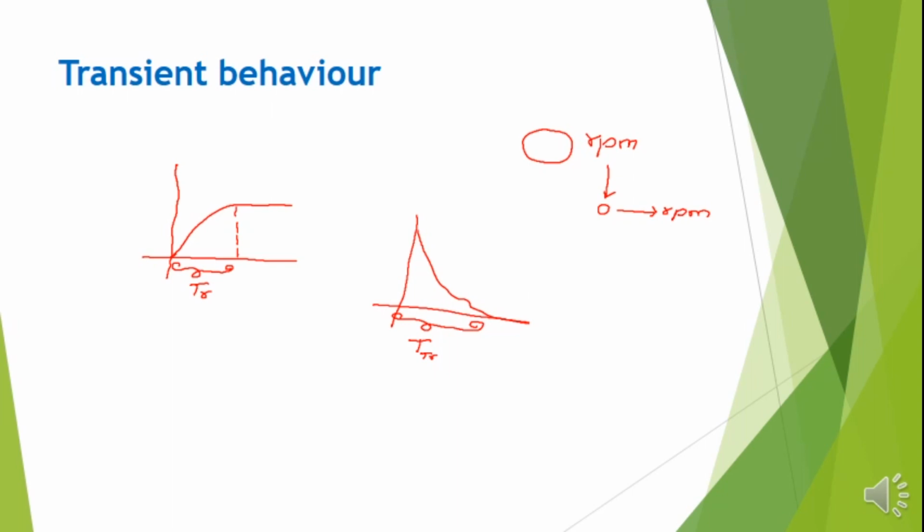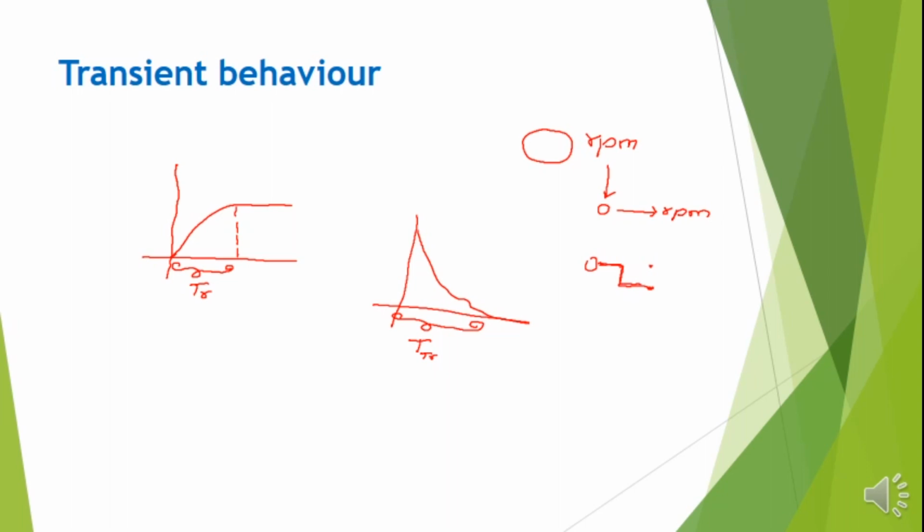Now, suppose you have already switched on the fan from 0 and it is running. Before attaining a steady state final value, if you switch it off, what will happen? Suddenly it will decrease the speed and it comes to 0. So initially increasing, then a drop, then decreasing.